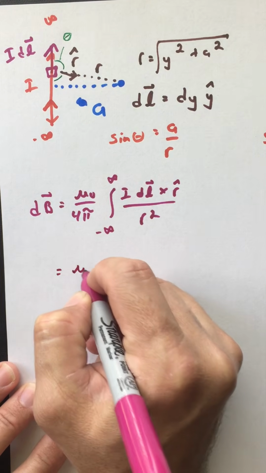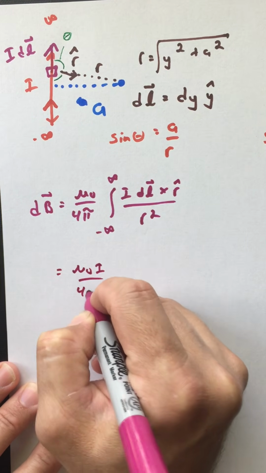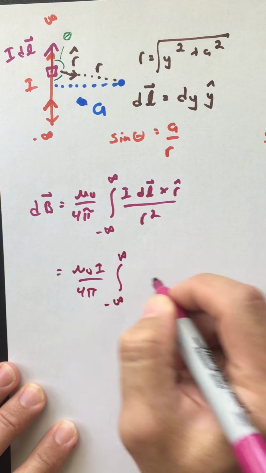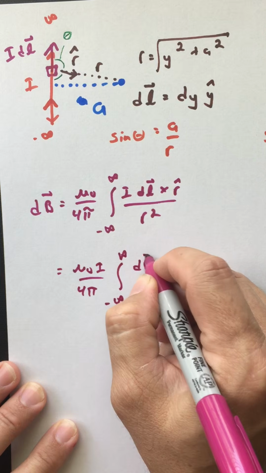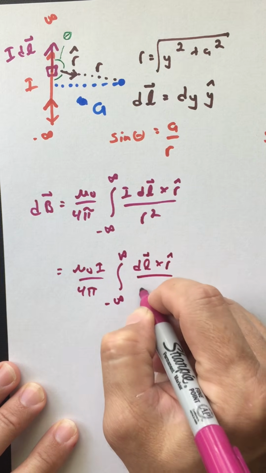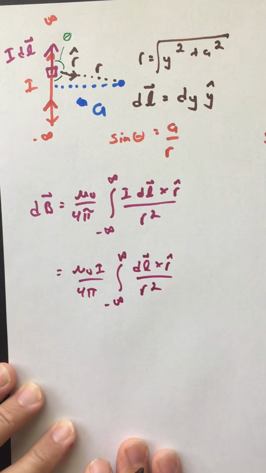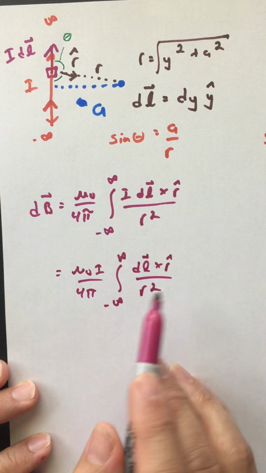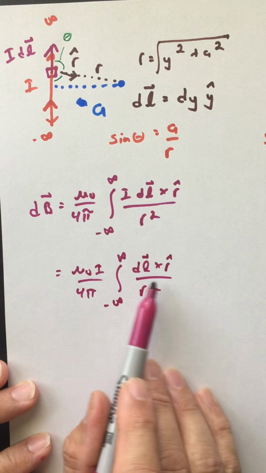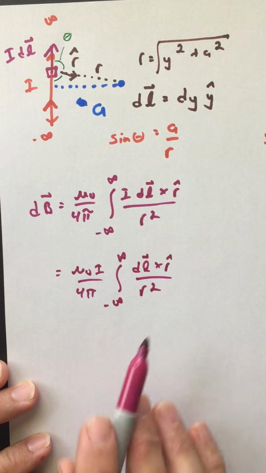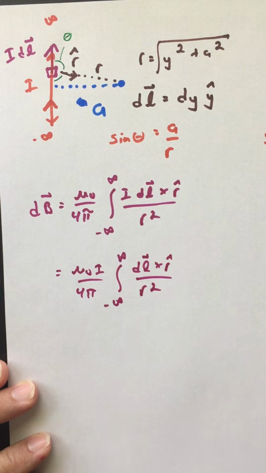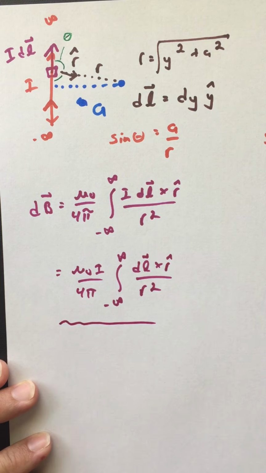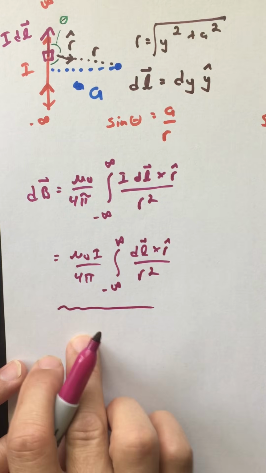It's equal to mu naught I over 4 pi integral negative infinity to infinity of dl cross r hat over r squared. All right, fair enough. Now, let's see if I can make this a little bit easier on myself by going ahead and handling the cross product. So let me just take an aside. I'm not going to write over here because I don't have much room in the margin, but let me go down here. We're going to come back to this step, but let me do some side work here.